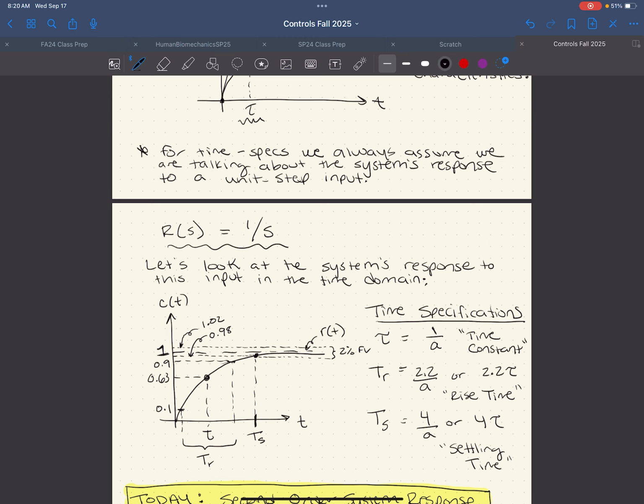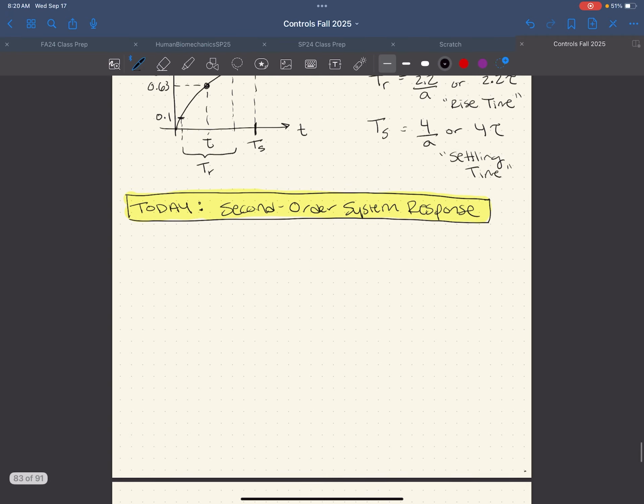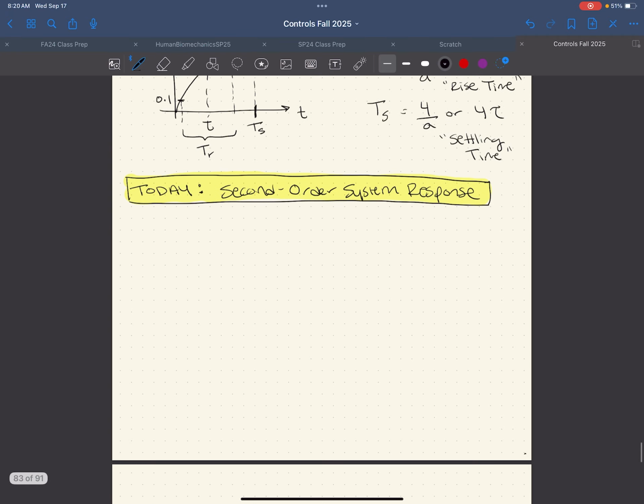Okay, that's all the review that I'm going to do for first order systems. And now we're going to talk about second order system response. I'm going to try to be fairly parallel with the way that I covered first order systems. So we'll start with a really simple block diagram where we have R of s, we have our transfer function, that's some general form of a second order transfer function, and I have my output.